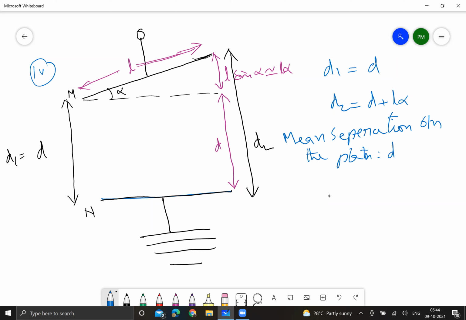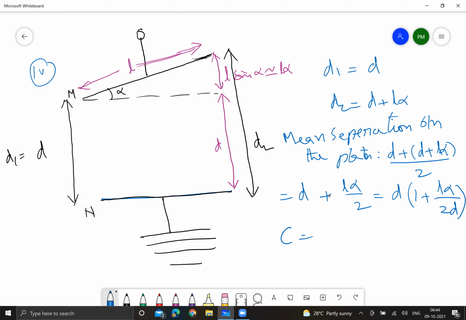It is D plus L alpha by 2. So we get D plus L alpha by 2, or D into 1 plus L alpha by 2D.